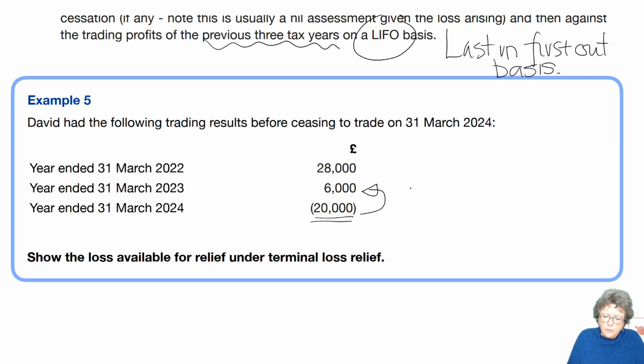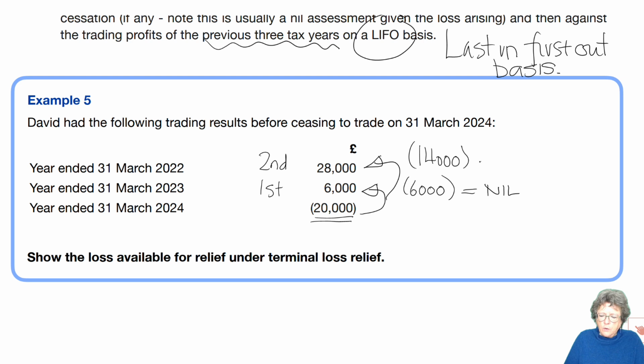We would do an all or nothing, and we would take that 6 out of there, leaving that down to be nil, which leaves us with 14. So we do that first and we do that second, and that's using all of it, which leaves 14,000 to be taxed.